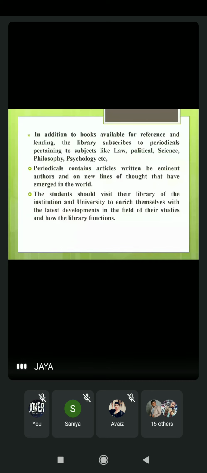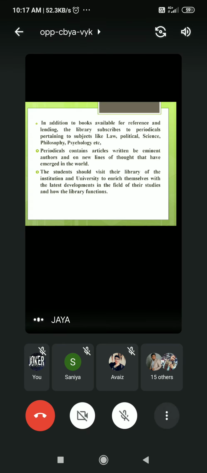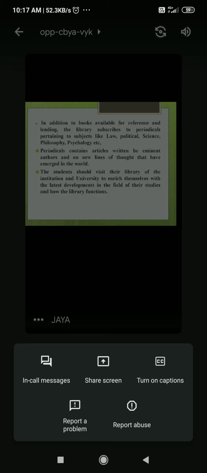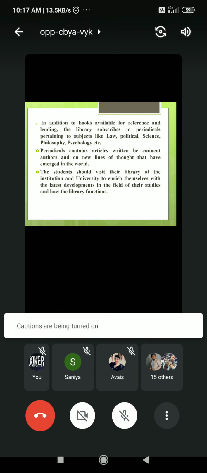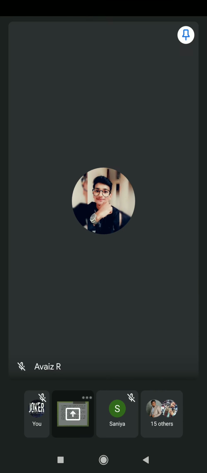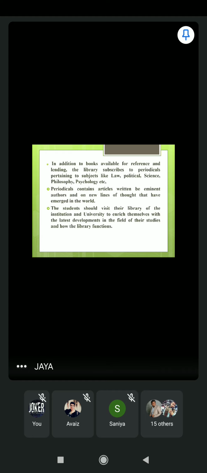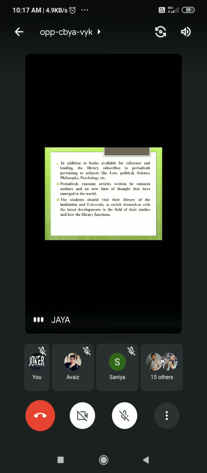So the library subscribes to periodicals. Periodicals means publications that come once a week, twice a week, twice a year, or as annual subscriptions.